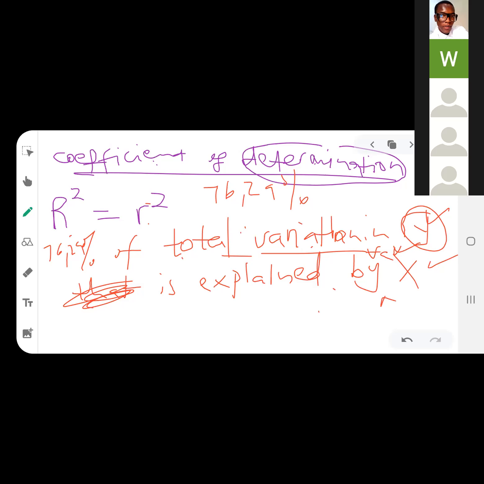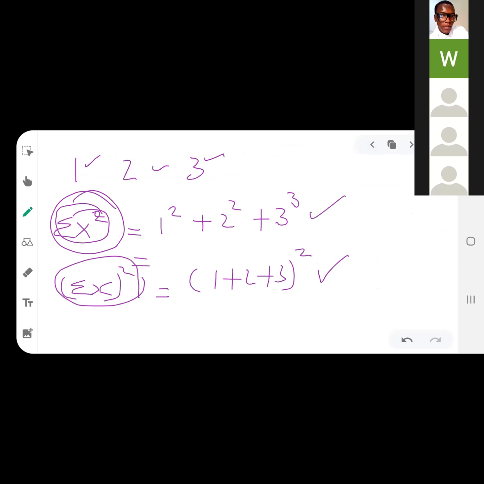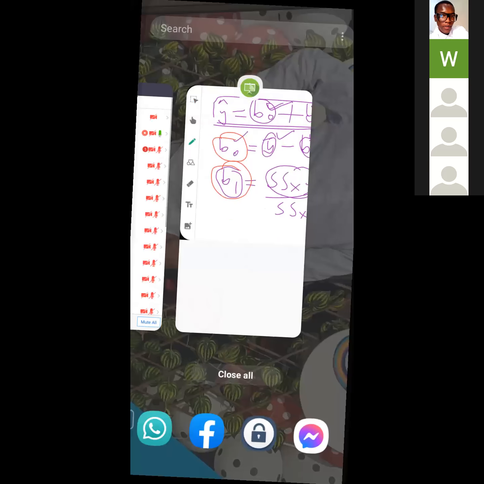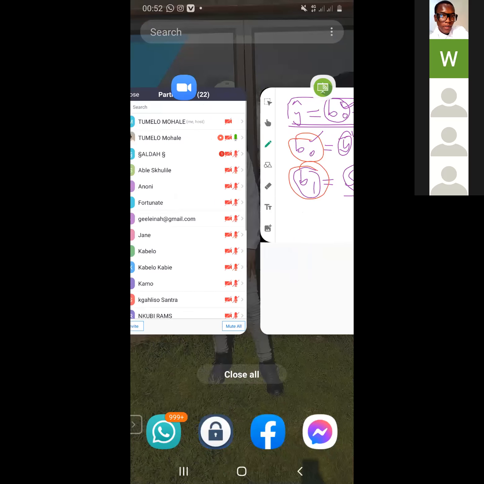So we are going to calculate it. After calculating everything, you need to make sure that you interpret your findings. Same applies to your B0 and your B1. They should be interpreted. You don't calculate and leave things as they are. You calculate and interpret your findings.